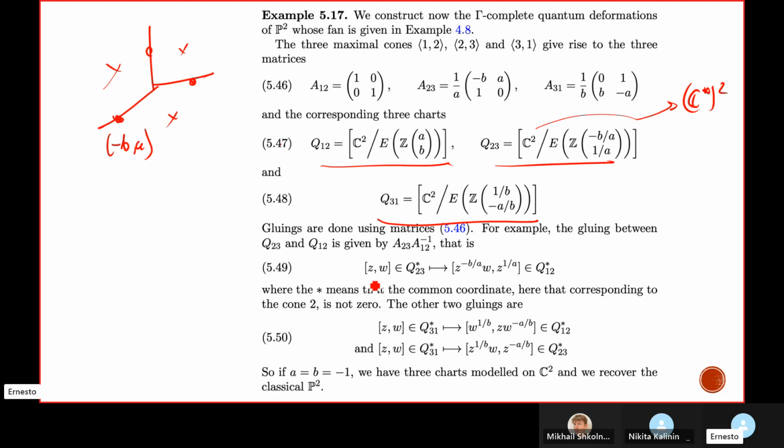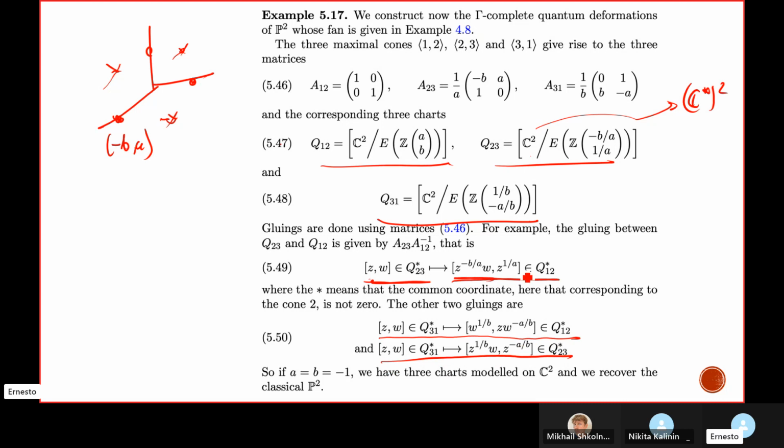This is the gluing map between the quantum tori here and here. Of course, this is a partial compactification of the quantum torus. These are 3 different partial compactifications, and I am gluing them by these 3 gluing maps.